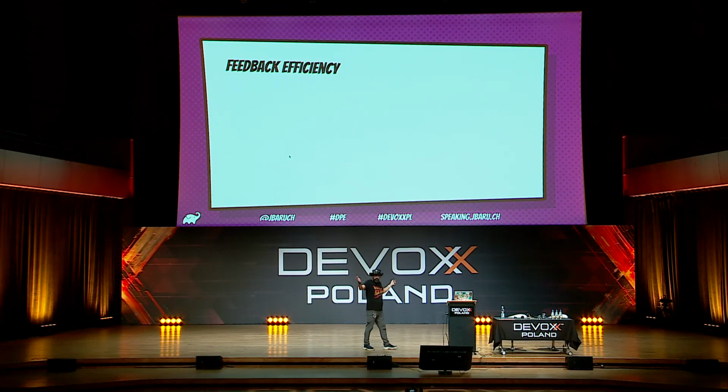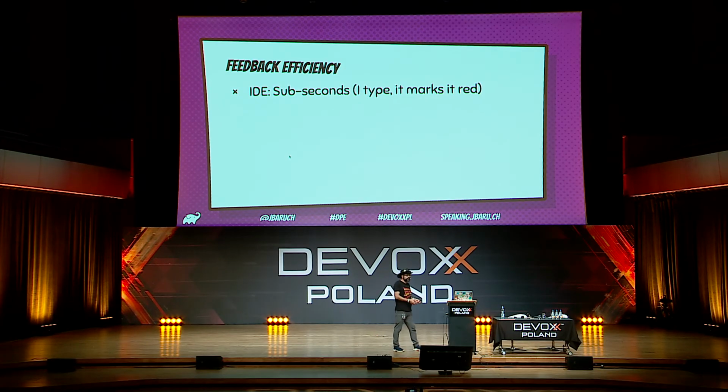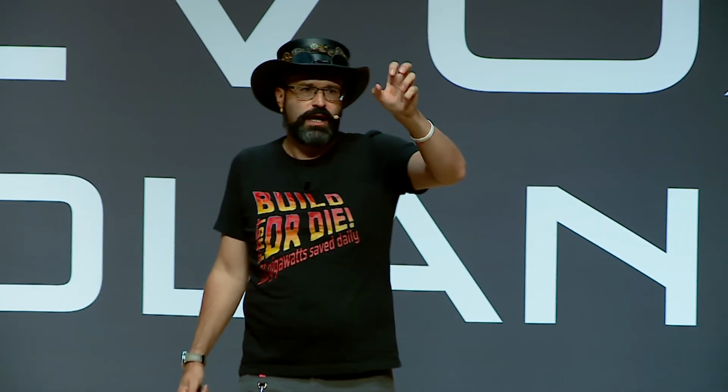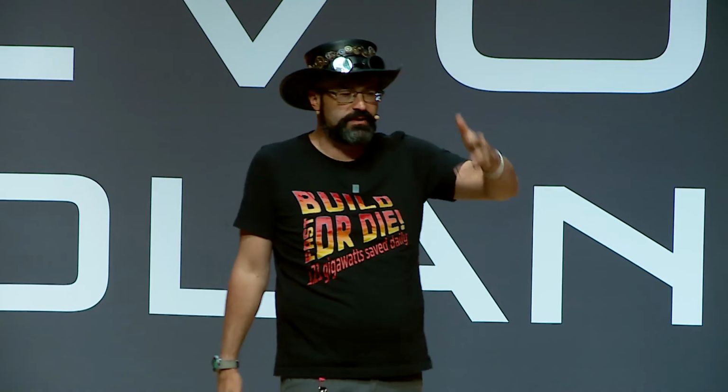So when you think about feedback efficiency, how fast the feedback is, you have examples. Your IDE: you write code, it immediately marks if you typed something wrong. This is sub-second feedback. Local build: you run it, it takes a couple of seconds, and boom, you have your build outcome.